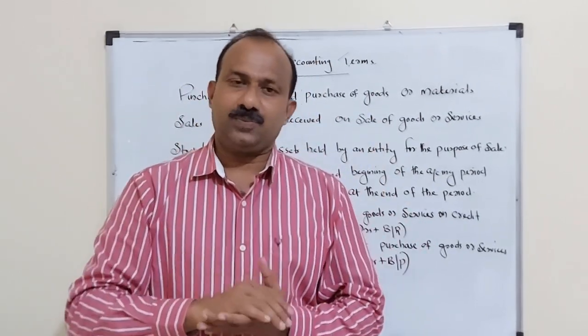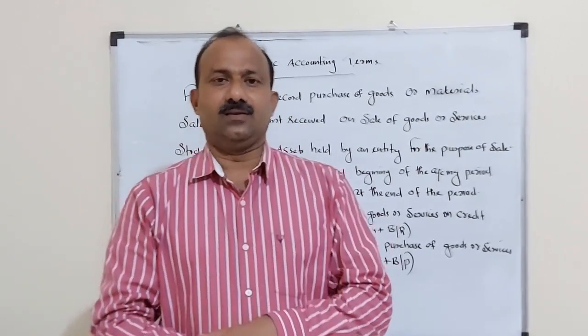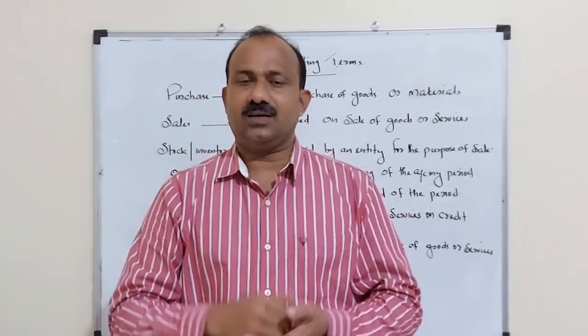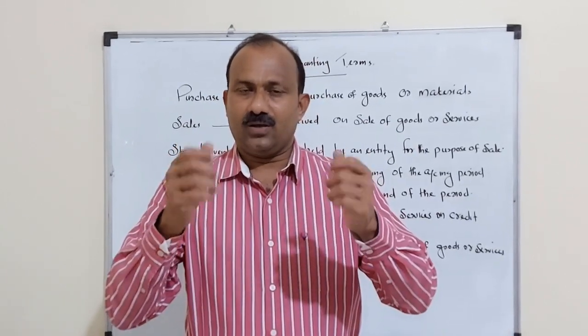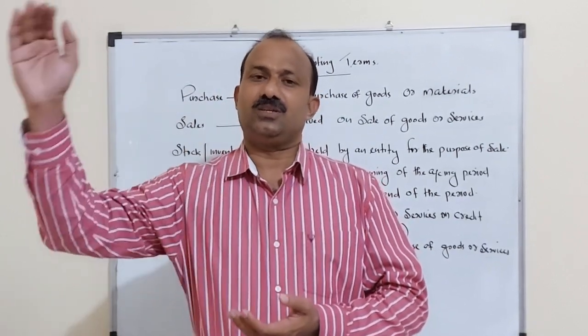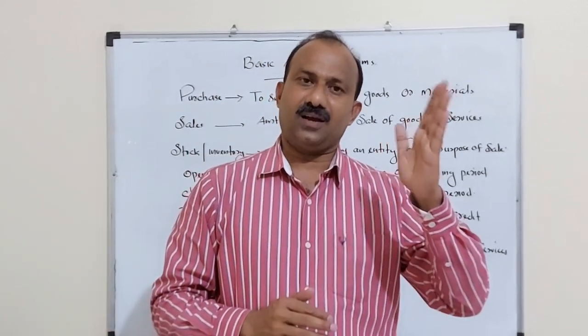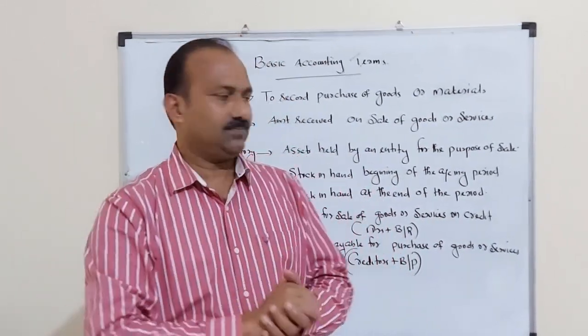Purchase may be cash purchases or credit purchases. Next, sales. It is the most important revenue of the organization. Sales means the amount received by the organization while selling goods or services. Sales may be cash or credit. That depends upon the nature of the organization.